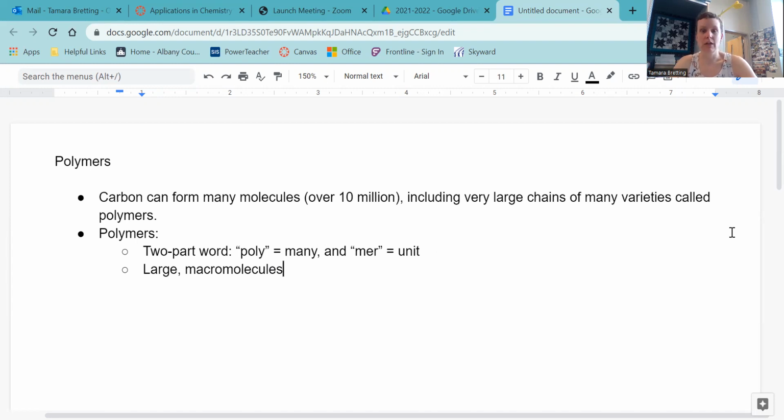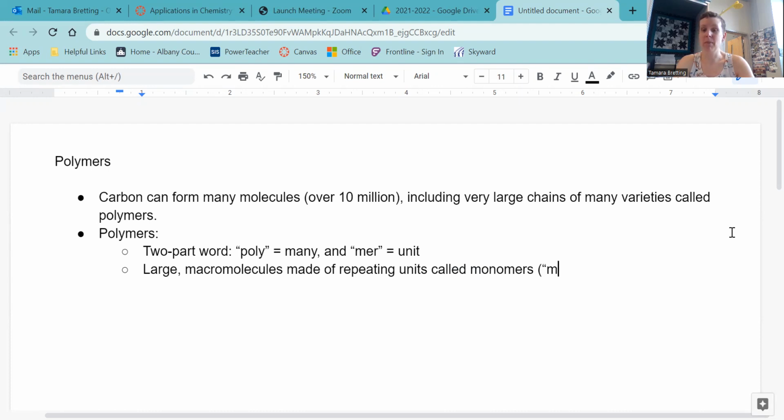Macro is large. It's the opposite of micro. So large macromolecules. Some of these you can actually see with the naked eye. You don't need any microscope to see them. The molecules are so huge. Large macromolecules made of repeating units called monomers.